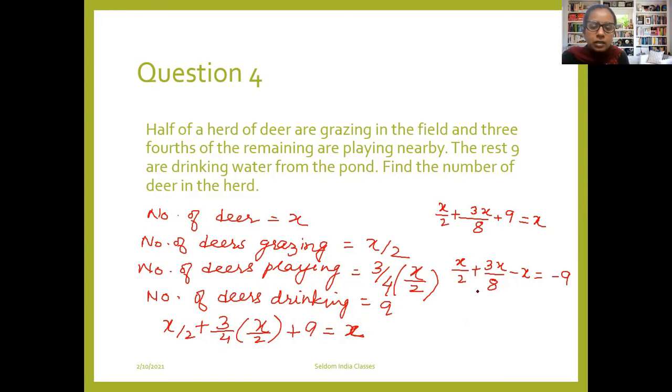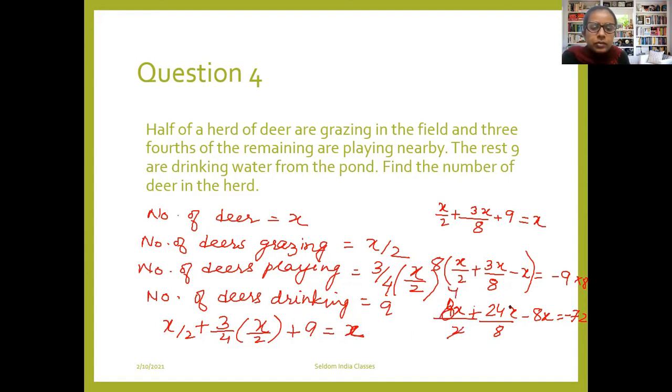Multiply both sides by 8. What we get is 4x plus 3x minus 8x equals minus 72. We are multiplying both sides by 8.